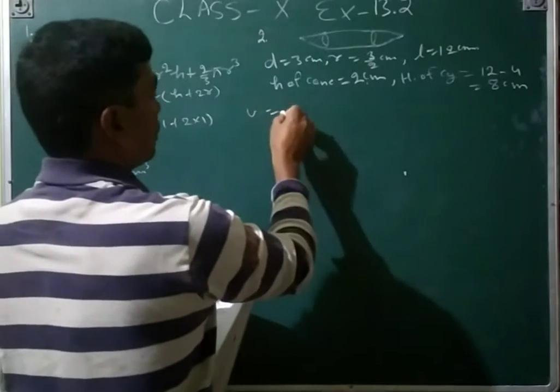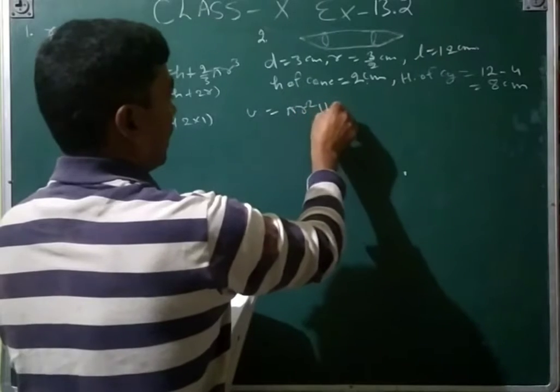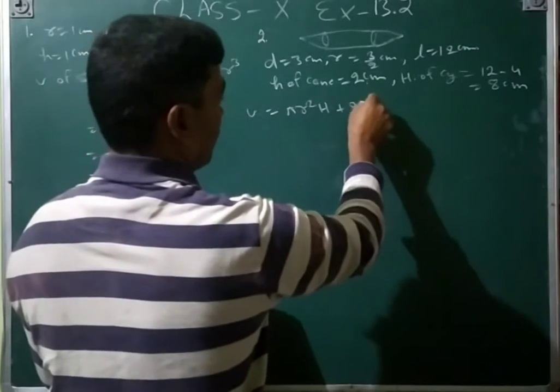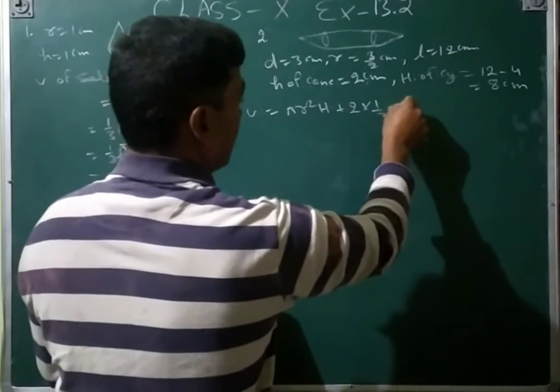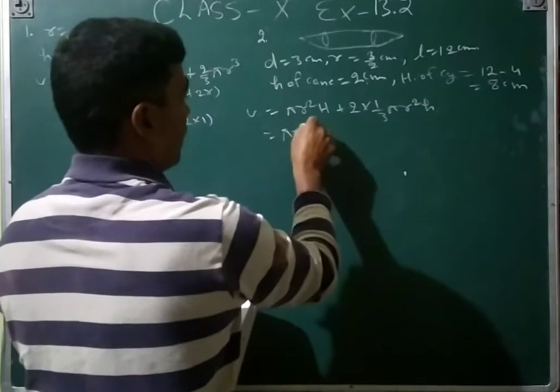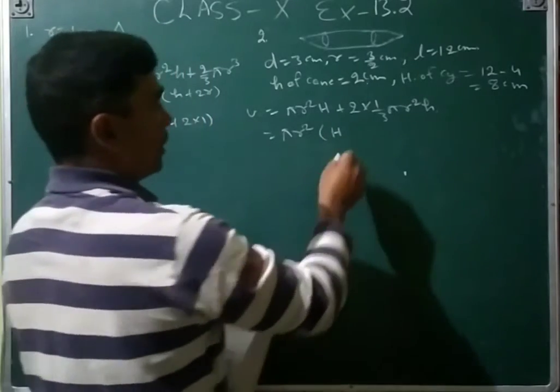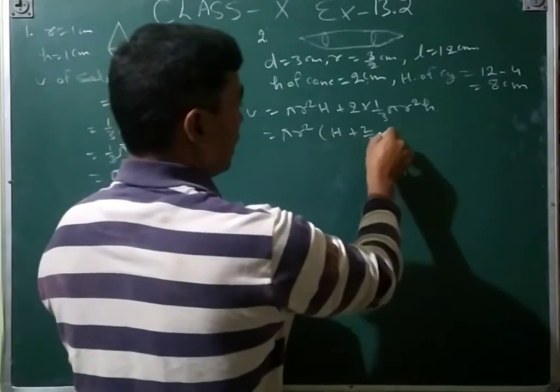The volume is equal to the volume of cylinder, pi r square h, plus 2 cones, 2 multiplied by 1 upon 3 pi r square h. So pi r square is common, and we get h plus 2 upon 3 h.